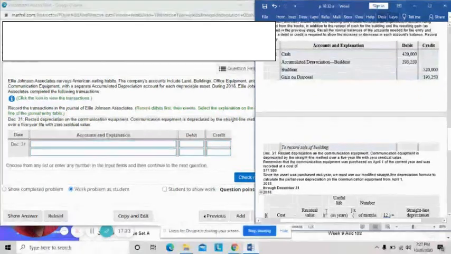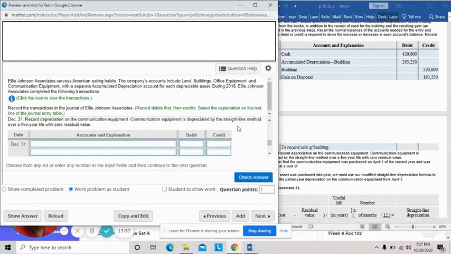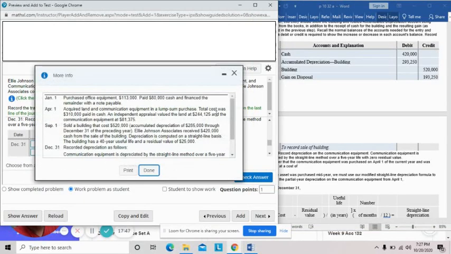On December 31st, we'll be recording depreciation on communication equipment. Communication equipment is depreciated by the straight-line method over 5 years with a 0 residual value, as you see in the directions here. Remember that the communication equipment was purchased on April 1st, current year, and was recorded at the cost of 77,500.